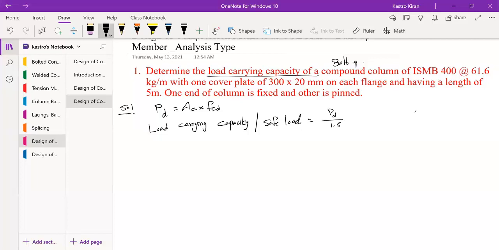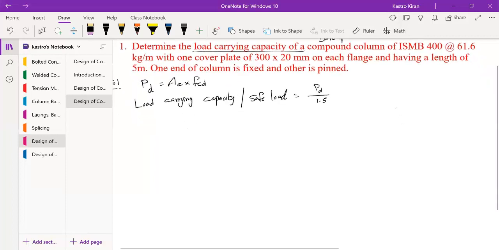Okay, so you know factored load, that is PU, ultimate load, equals 1.5 into working load. But what you need is safe load, or the load carrying capacity, equals factored load by 1.5. So from this formula, we have derived this one. Anyways, we are going to find out the load carrying capacity of the member. So let's arrive at this solution.